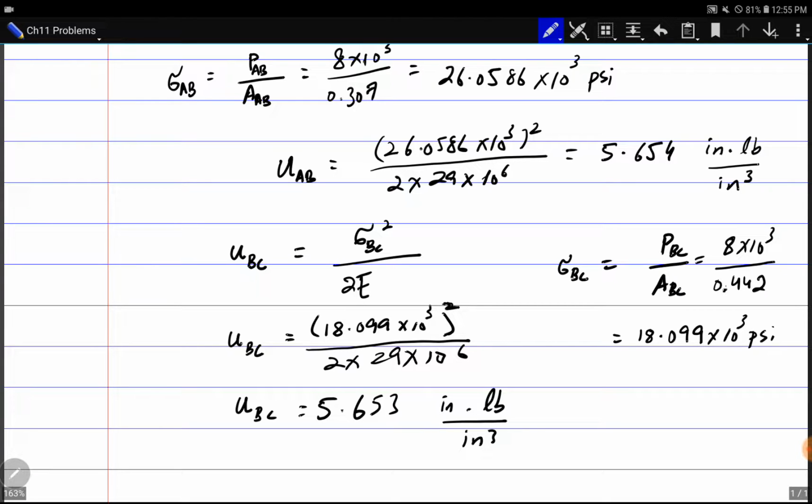And there's one mistake, this first one, u_AB. There's a mistake in calculations. This is not 5.654.